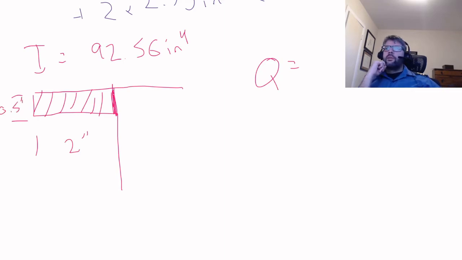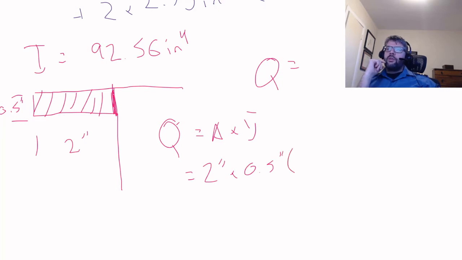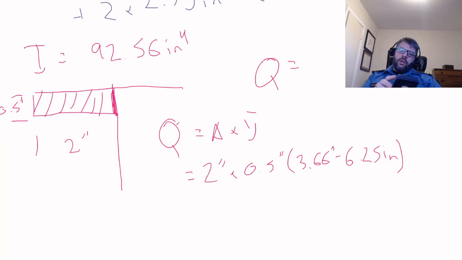Q is equal to A times Ybar. So that'll be 2 inches times 0.5 inches, and then the Ybar there is the overall Ybar of 3.66 minus the Ybar of that location of 6.25 inches. So let's see.